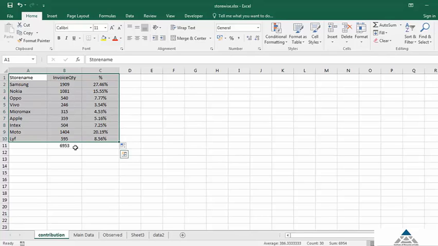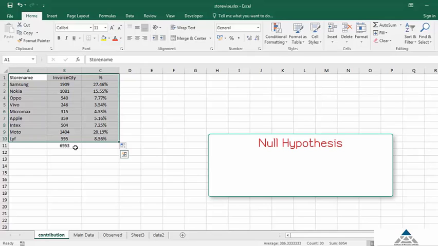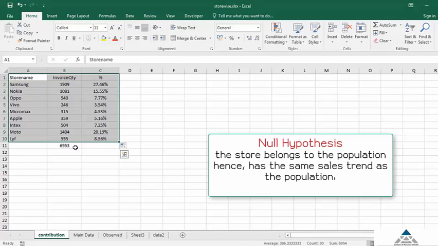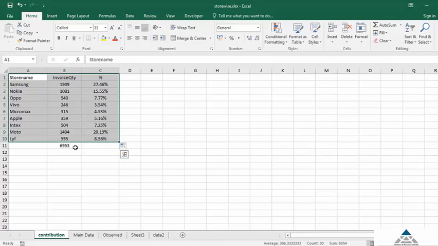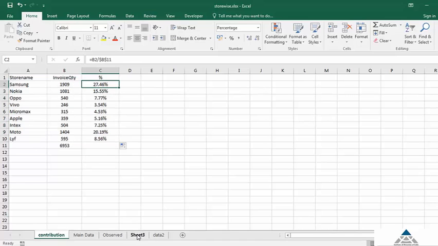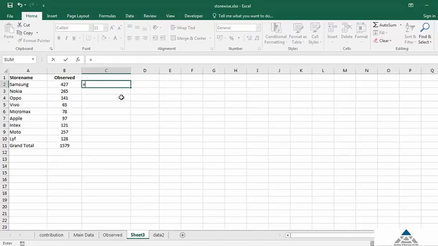Before we go ahead to look at the test statistic, let us define the null hypothesis. The null hypothesis is that the store belongs to the population and hence has the same sales trend as the population. Hence, it is a good fit to the population. Now, let us check that. We will calculate the observed percentage of sales for each company like we did for the population data.